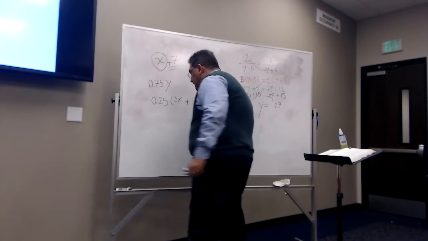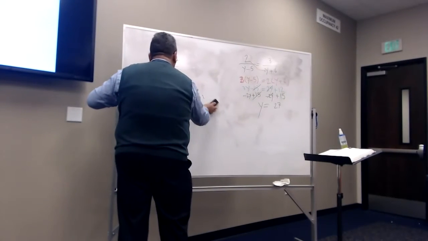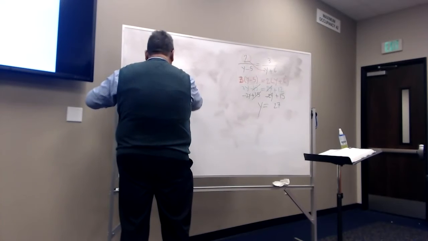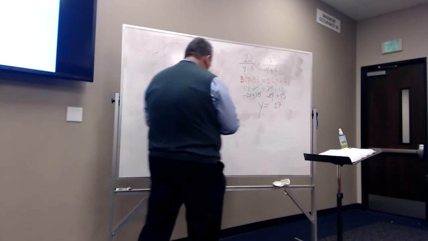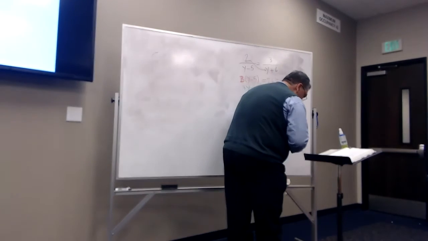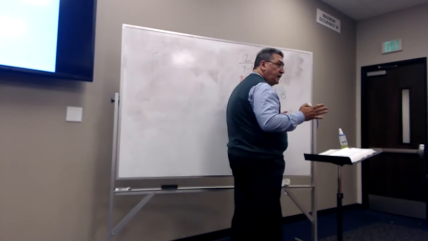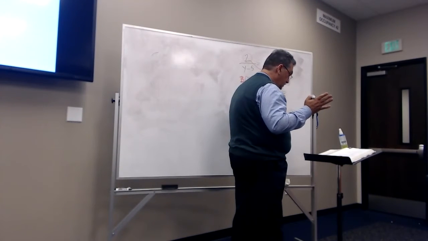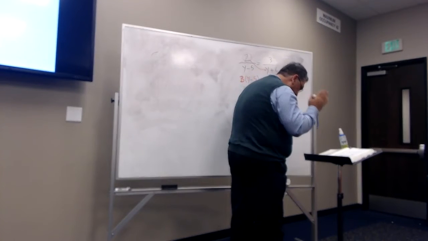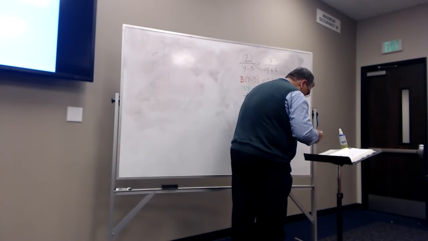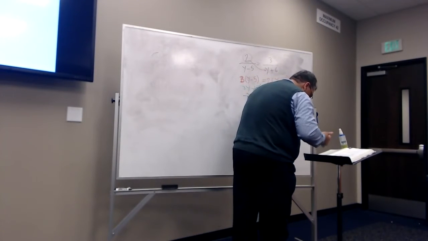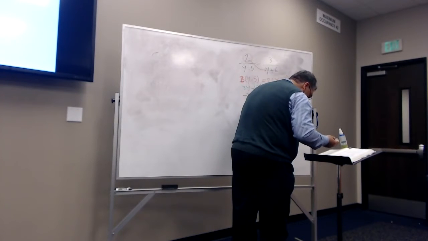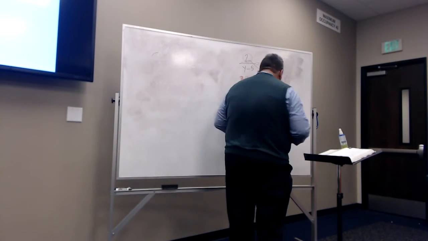So what are we trying to find out? The original price before the discount or sale. What we are trying to find out, we call it X. Okay?